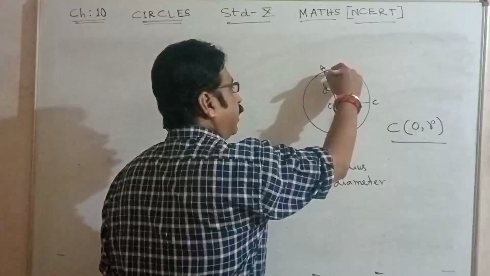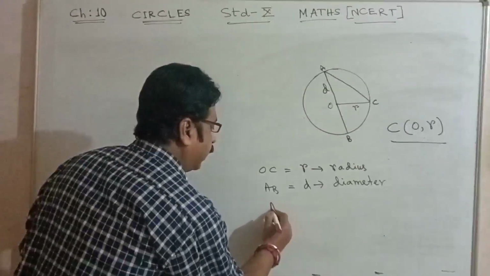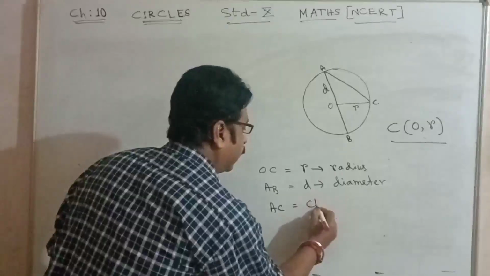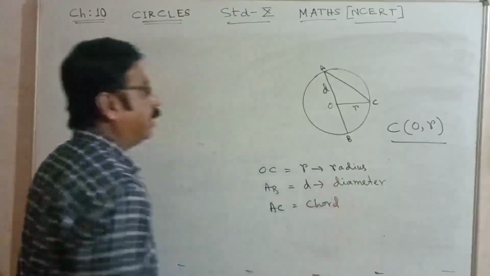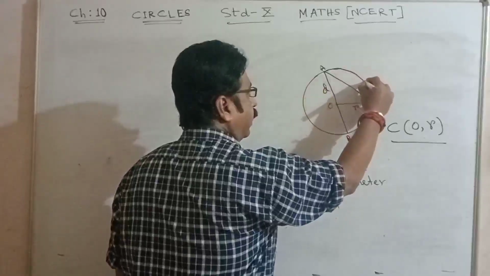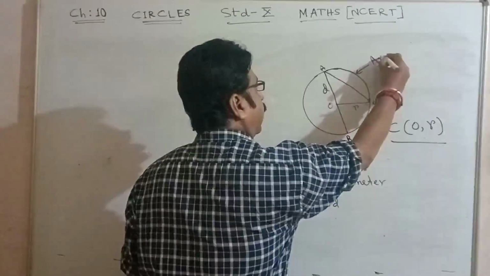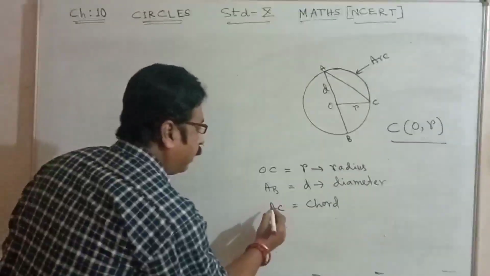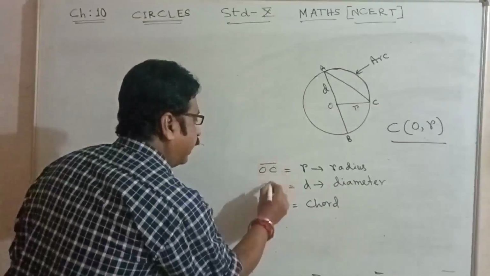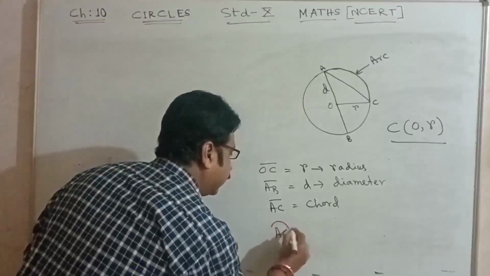If we join these A and C, AC will be the chord, and this part AC, all these are line segments. You can write like this, and arc AC you can write like this.